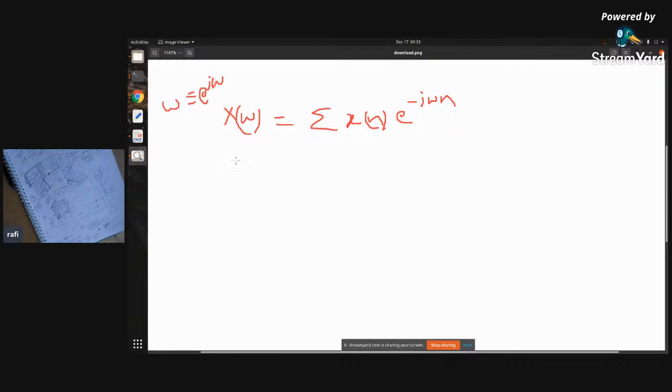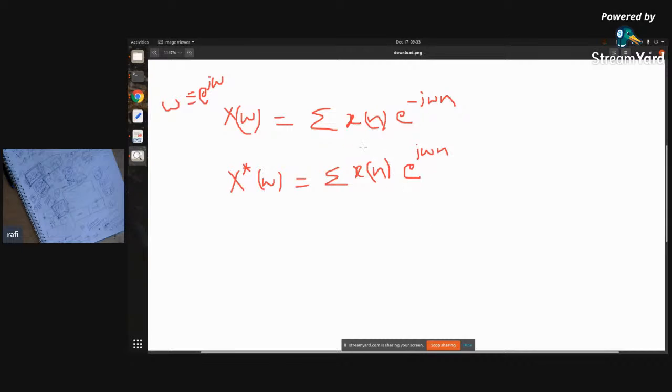So if I take the conjugate on both sides, X star, this is the summation. Since it is a real signal, x star of n is x of n only, and the conjugate of this one will be e power plus j omega n.